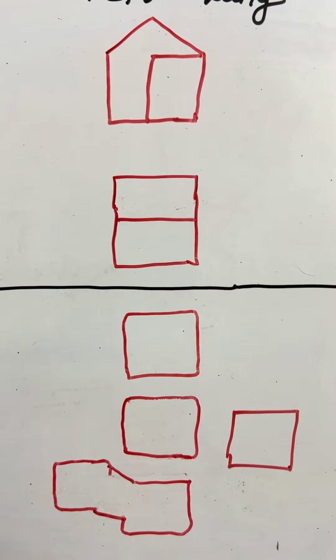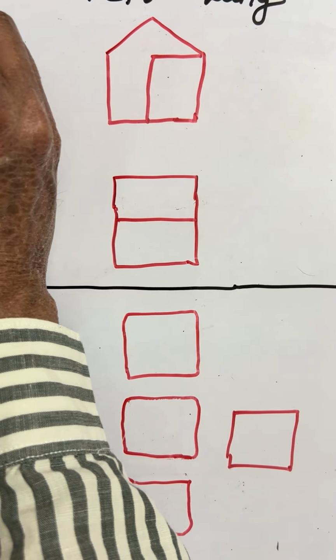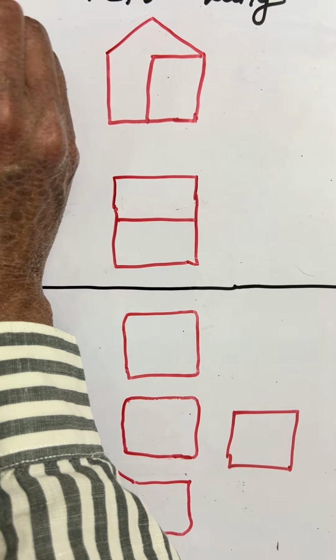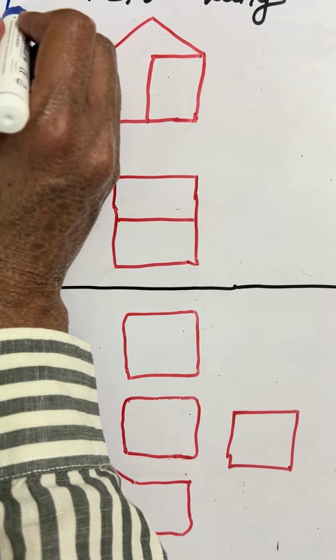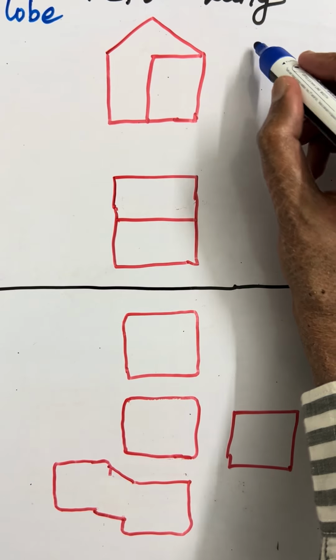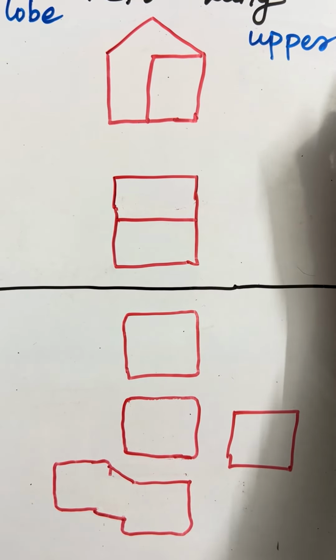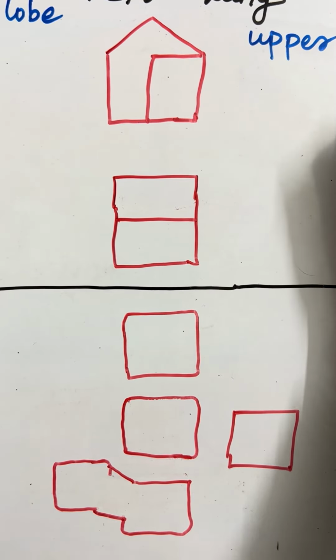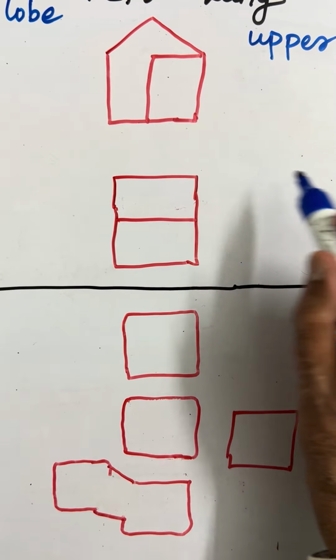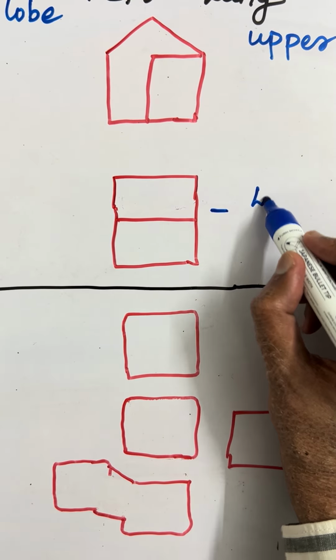Now coming to the left lung, the left upper lobe has two divisions. One is the upper division, the other one is the lower division.